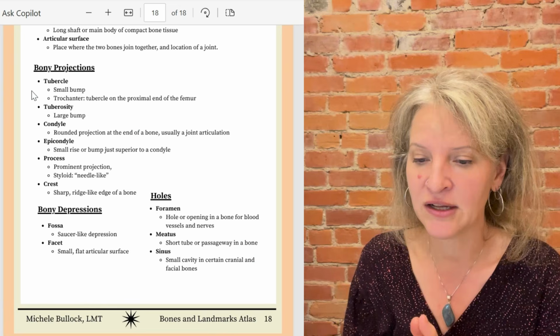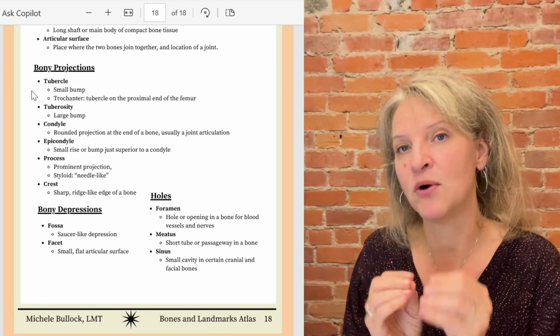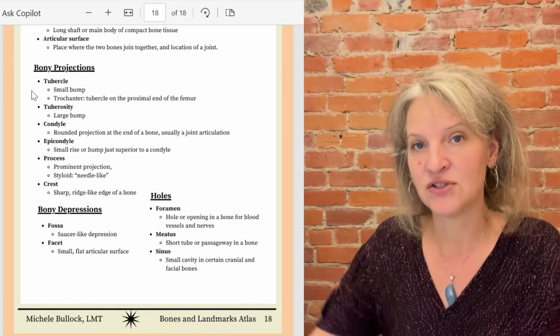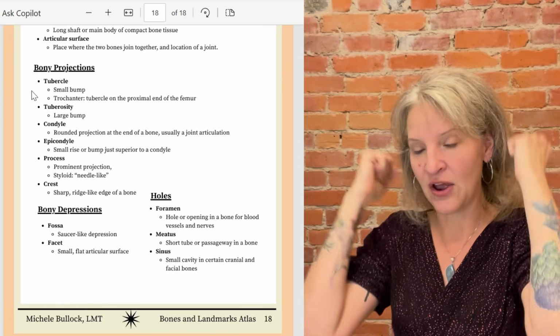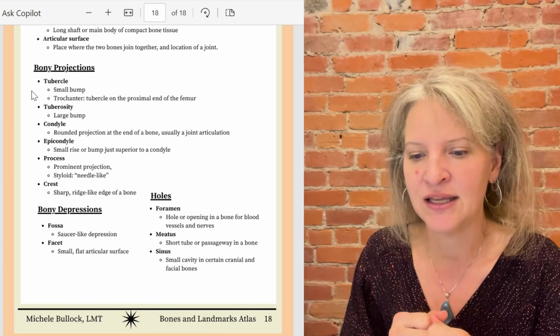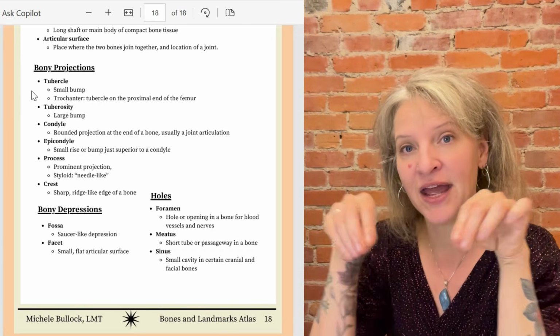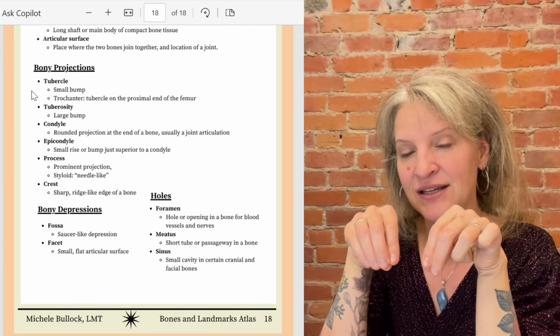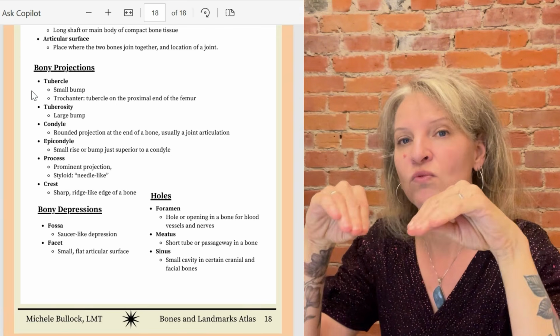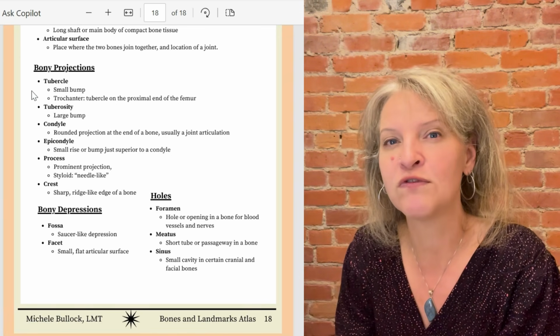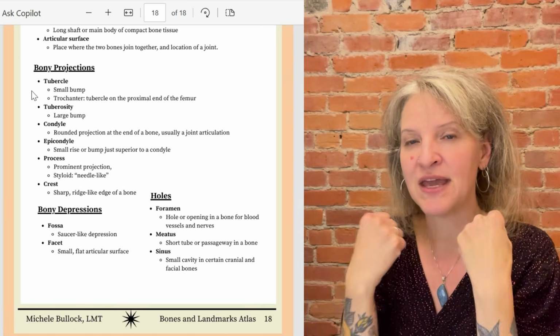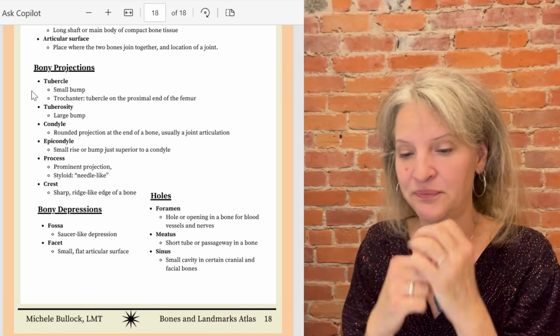And then condyle is a rounded projection at the end of the bone where the other bone pivots. So specifically, we have condyles on our elbows and knees. And then epicondyle is a bump that goes above that condyle, where muscles attach to wrap over the whole joint to make that lever happen.